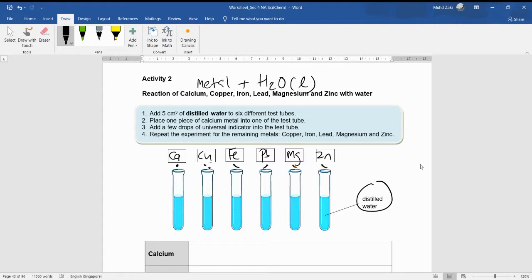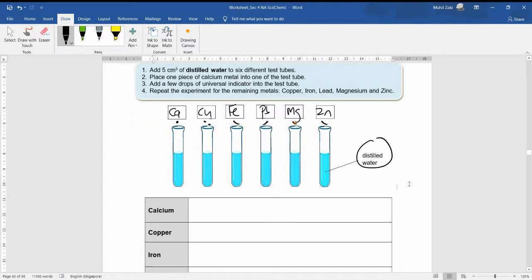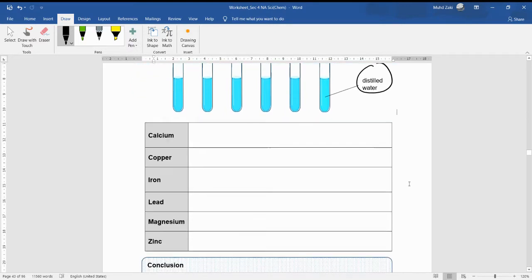So how do these metals react with water? Some react fast and some don't react at all. The metals that don't react, or you cannot see them reacting, among them is copper. So you need to write down no visible reaction.